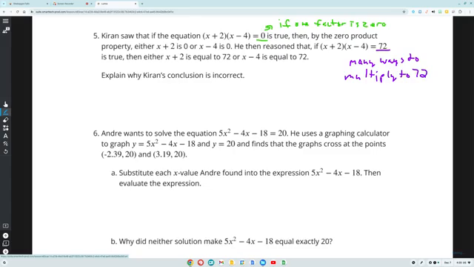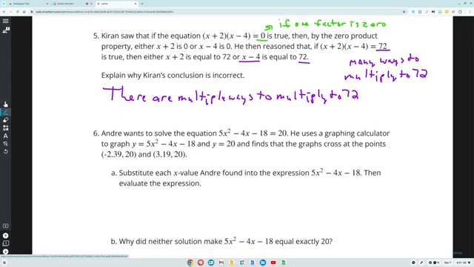So really that's it in a nutshell. The reason why Kieran's conclusion is incorrect is because there are multiple ways to multiply to 72. And really, when he says x minus 4 is equal to 72 and x plus 2 is equal to 72, we're really only taking into consideration one of the tiny, many possibilities that it could be.